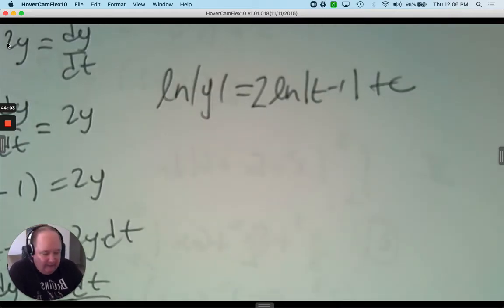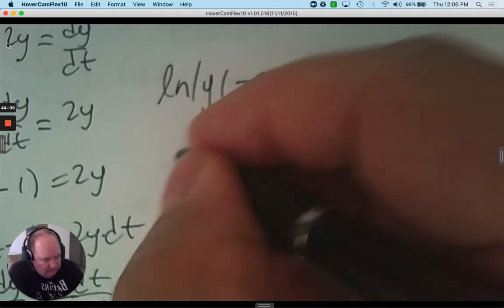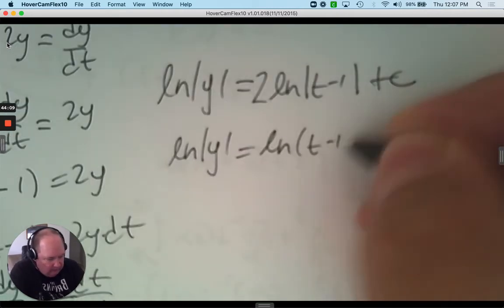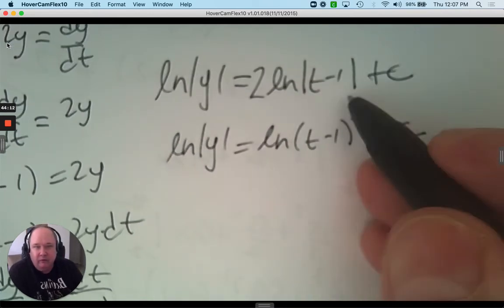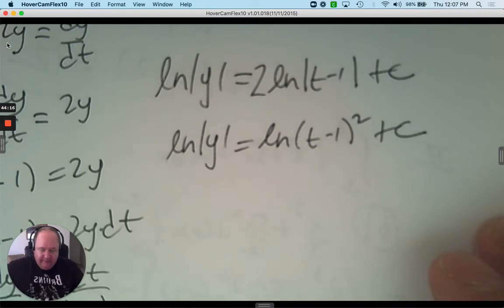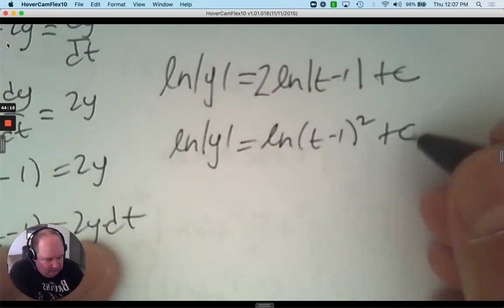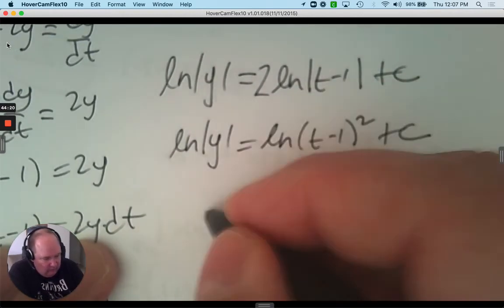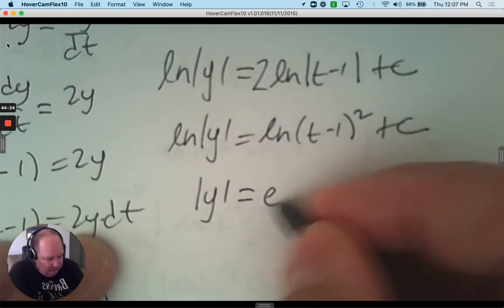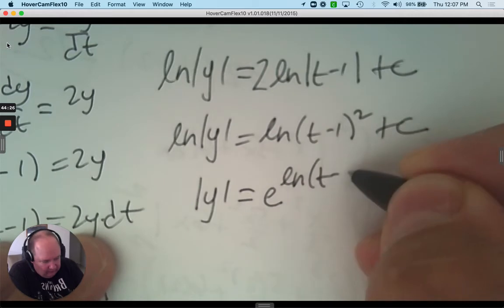And now I need to get y by itself. So it might be helpful to use a property here. So this is really ln of t subtract 1 squared. When you square it, you don't need the absolute value bars anymore because it's always going to be positive. And then we're going to write it exponentially. Now, if I go e to the, we'll do this in 2 steps so you can see it.